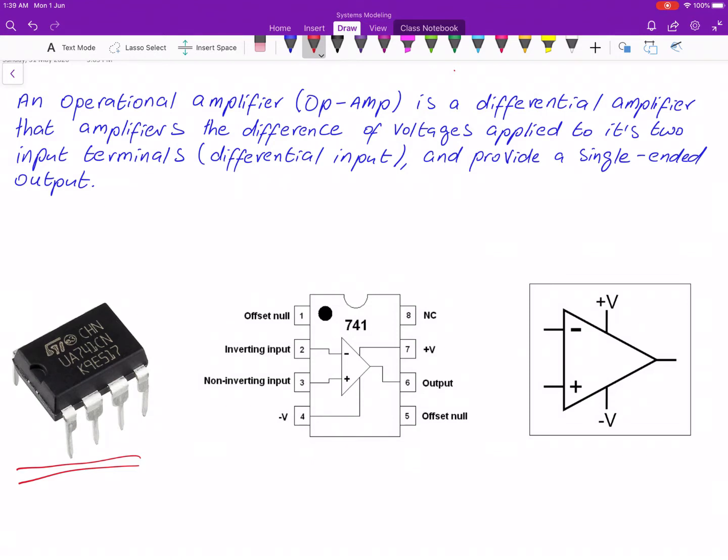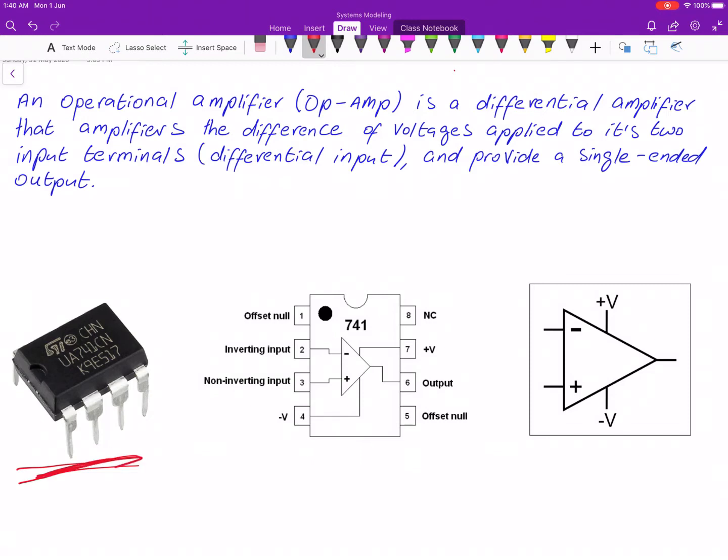Either it will be scaled or it will be subtracted, etc. Now, we are not going deeper to analyze exactly how this is done because this is beyond this course. But what we are going to look at is the basics of the operational amplifier and how we can model that when we look at different circuits.